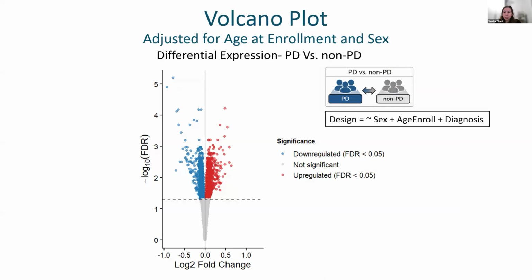These are the first results we obtained from the differential expression analysis. They are preliminary, as the model is currently adjusted only for age at enrollment and sex, and does not yet include all the relevant covariates. What you can see here is a volcano plot comparing PD versus non-PD. At this stage, I'd like to highlight that we already observed a clear signal with multiple genes showing differential expression.